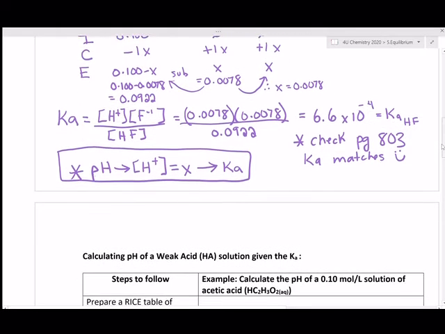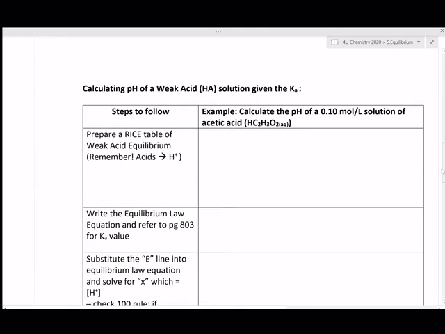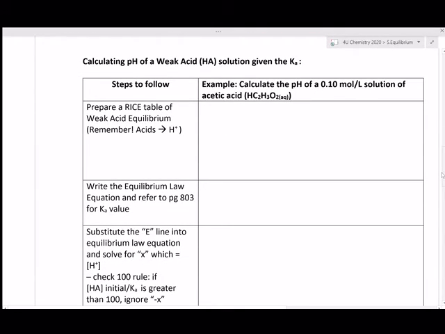Okay, so now we're going to go backwards. So we're going to do the same type of question, only we're going to work in the opposite direction. So this is calculate the pH of a weak acid, and they're going to give us the Ka value. So essentially now we're starting with the Ka value.